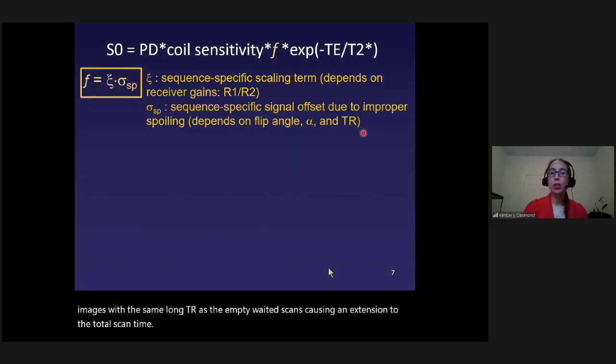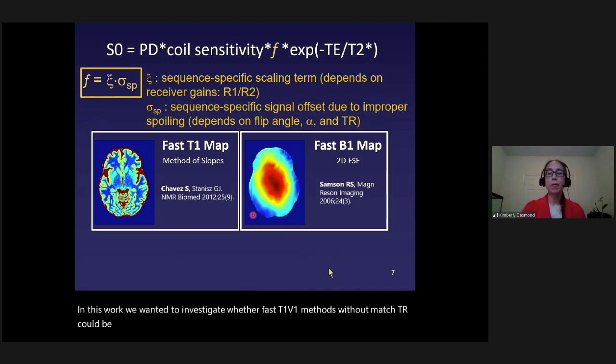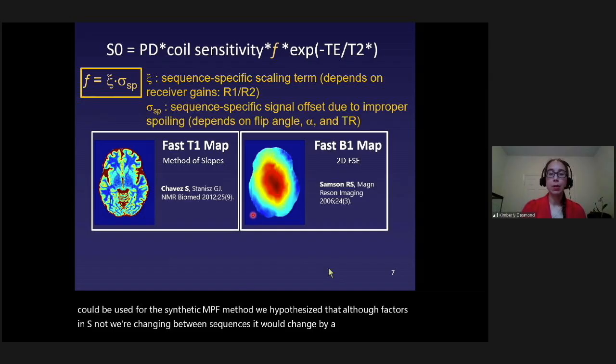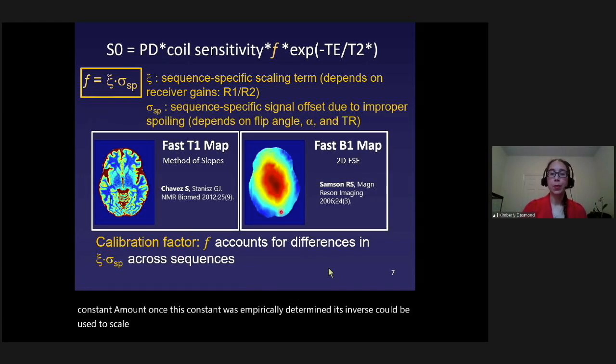In this work, we wanted to investigate whether fast T1 and B1 methods without matched TR could be used for the synthetic MPF method. We hypothesized that although factors in S0 were changing between sequences, it would change by a predictable constant amount. Once this constant was empirically determined, its inverse could be used to scale the synthetic reference. We call this the calibration factor, F.